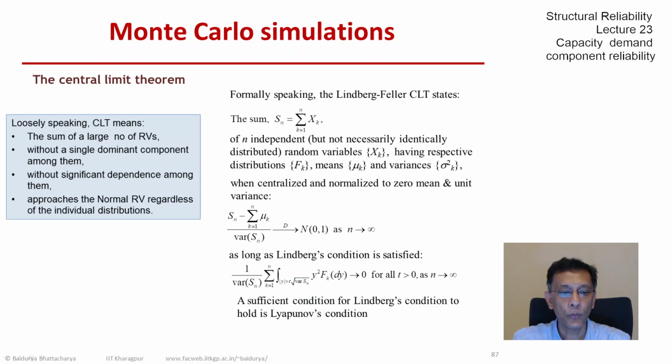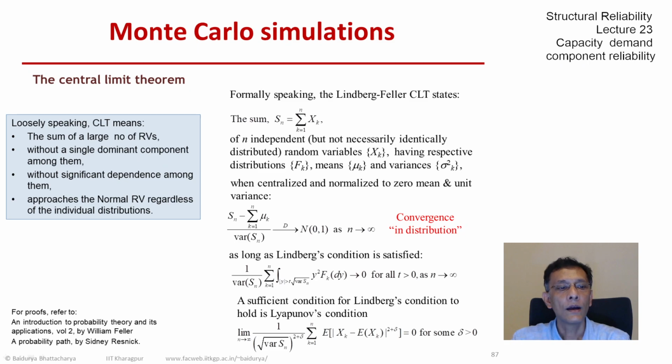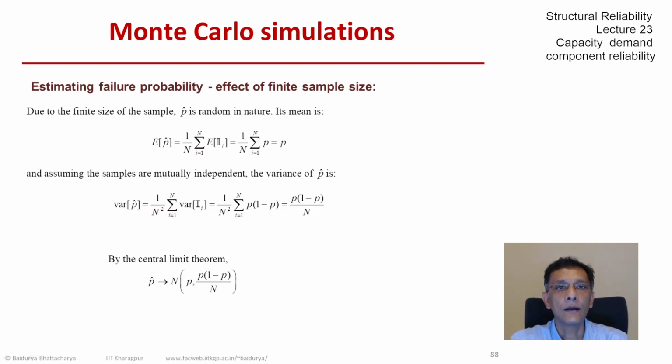So with the backing of the central limit theorem, we can say that the estimated p hat is going to approach a normal distribution with the mean of p and the variance of p times 1 minus p divided by n. So that tells us that we are now ready to give bounds and confidence intervals on this estimated p.